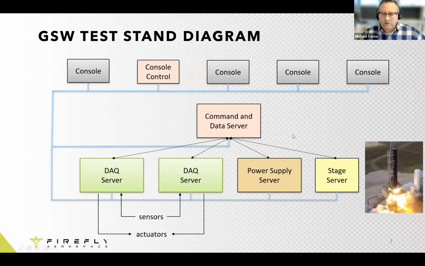Since we now have a higher channel count system, maybe on the order of thousands of channels, we need a data server. That data server reads and distributes the data to the GSW system. The arrows are drawn both ways because we now start to affect the system via commanding, and that's why we need authentication for commanding.